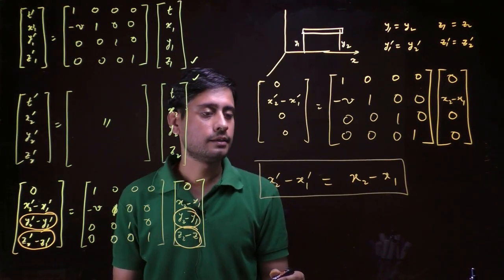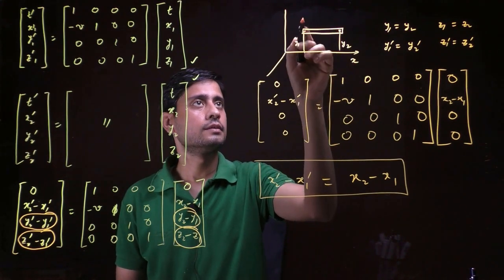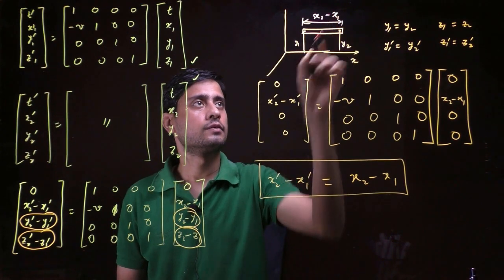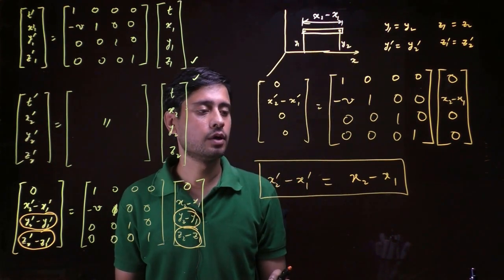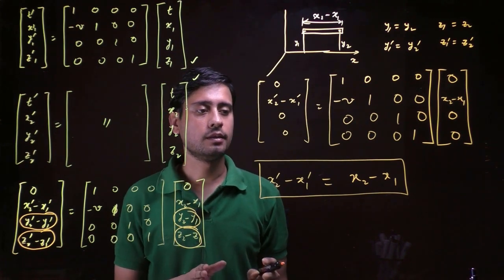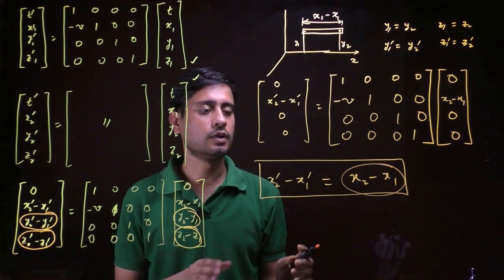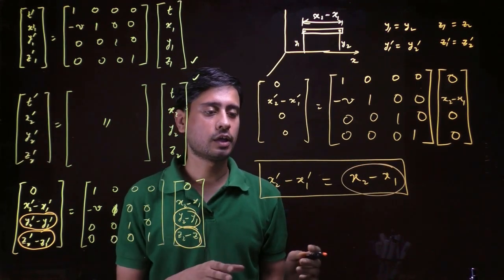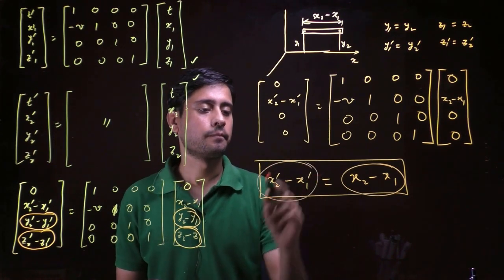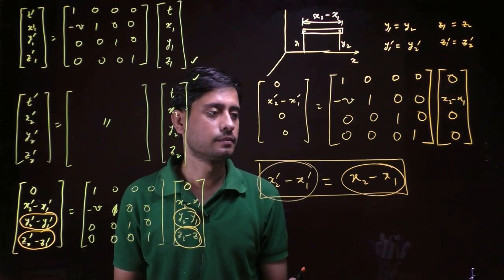So you can say that the length of the rod, the difference in the coordinates, x2 minus x1, remains same for both the observers. The observer in the frame S will measure the same length, x2 minus x1, and the observer in the S prime frame will measure the same length, x2 prime minus x1 prime, because both are equal.